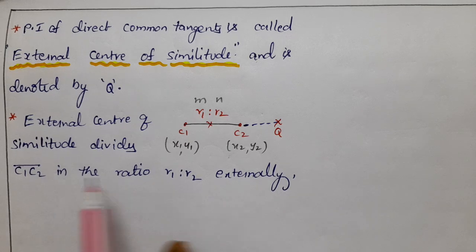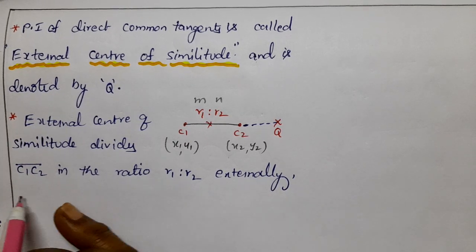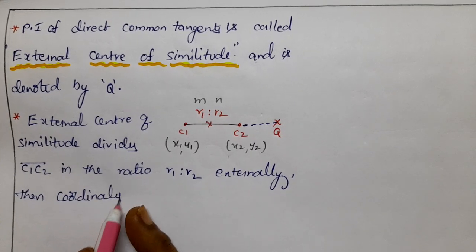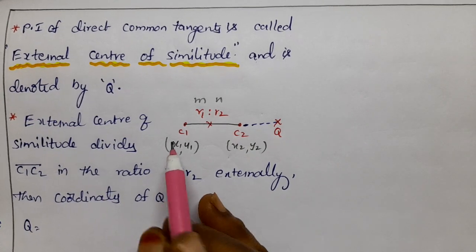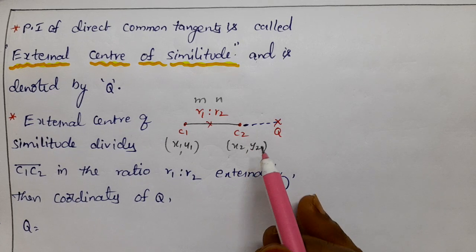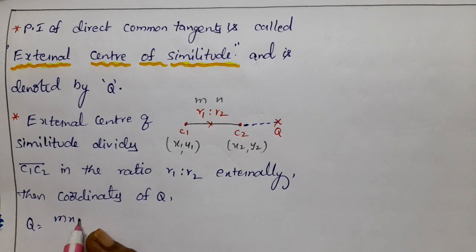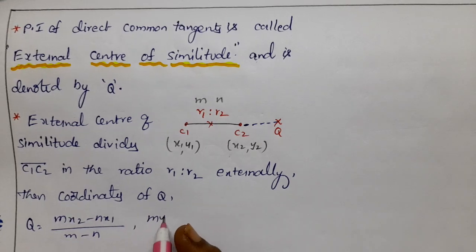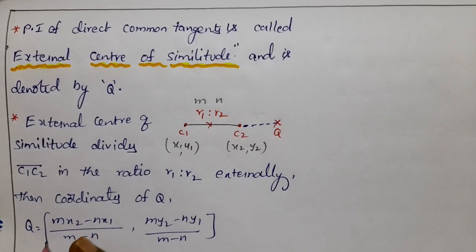Then the coordinates of Q: if we take the first center x1 y1, the second center x2 y2, and the radii ratio m is to n, then Q equals (m x2 minus n x1) by (m minus n), comma (m y2 minus n y1) by (m minus n).